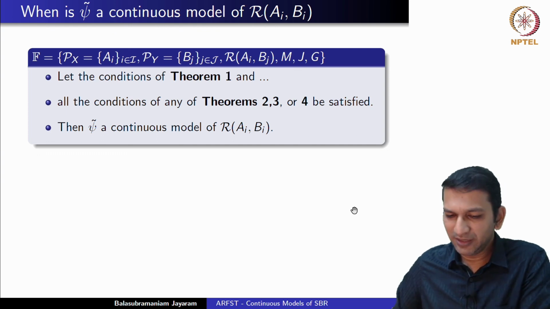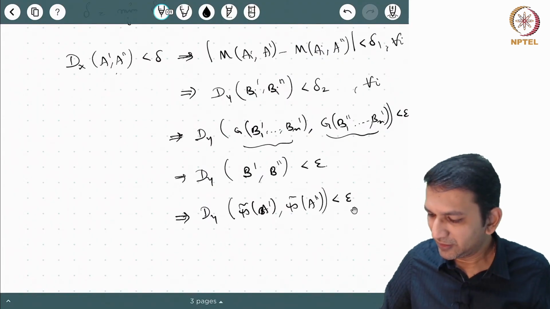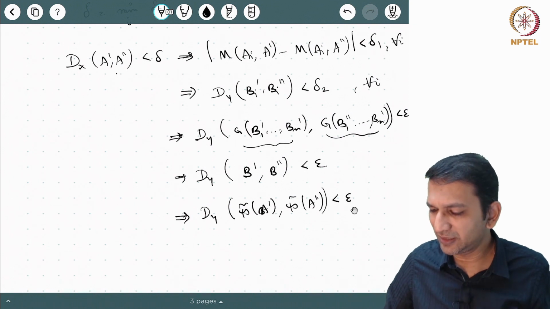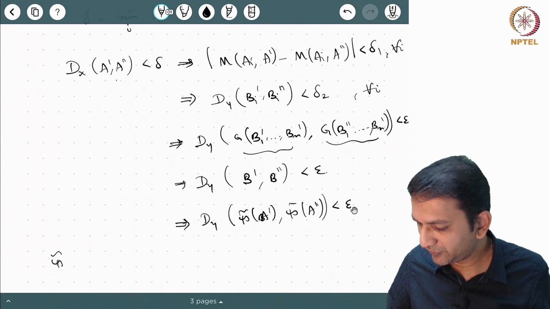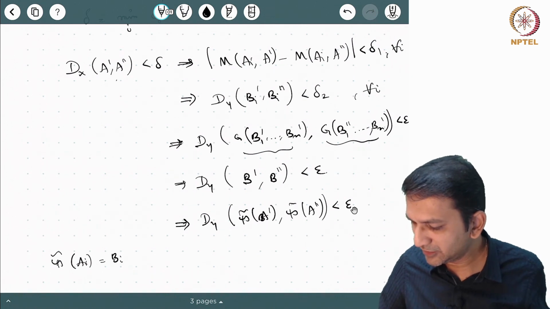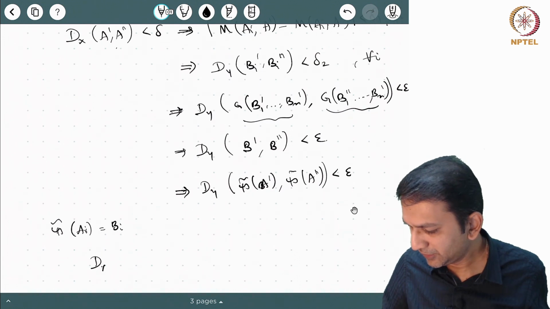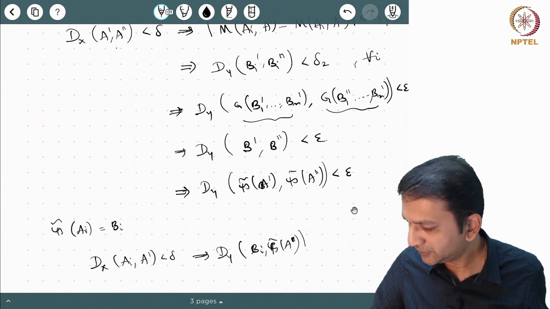This is immediate to see because what we have shown is that for any A dash, A double dash, dx of A dash, A double dash less than delta implies this. Now if psi tilde is interpolative, and if you give Ai for any i, then we are going to get Bi. So essentially what we will get here is dx of Ai comma A dash less than delta implies dy of Bi comma psi tilde of A dash is less than epsilon.